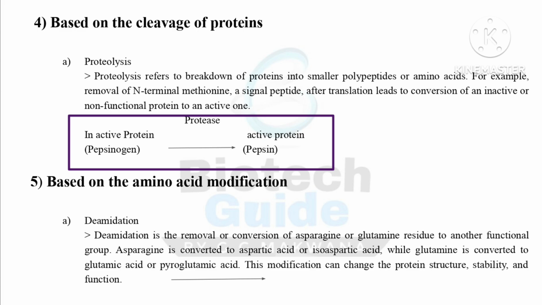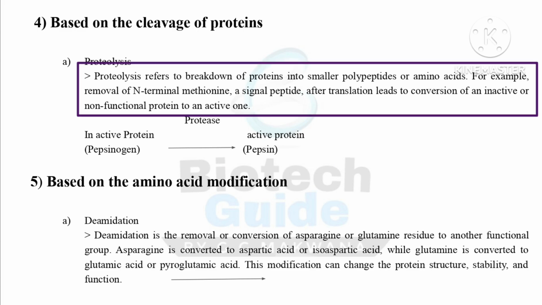One example: the inactive protein pepsinogen is activated via protease and converted into pepsin, the active form of the enzyme. Here removal of the N-terminal methionine or a signal peptide after translation leads to conversion of an inactive or non-functional protein to the active one. So this is another example.